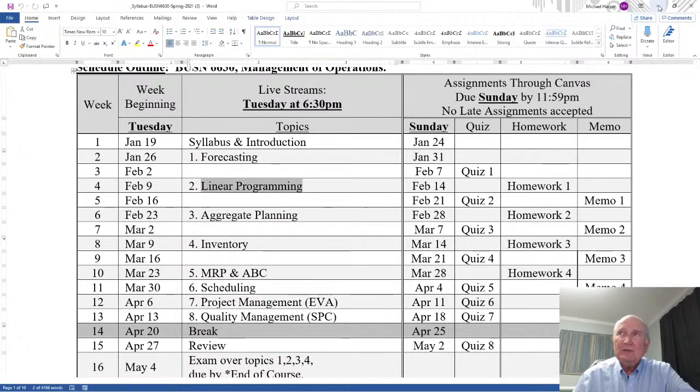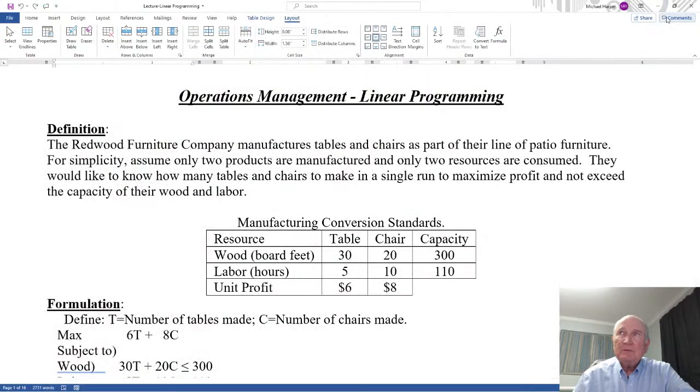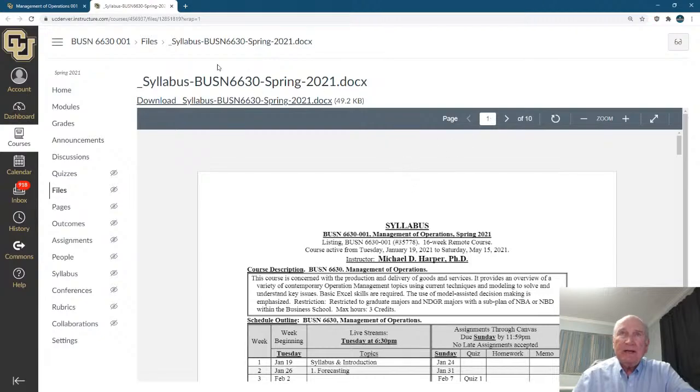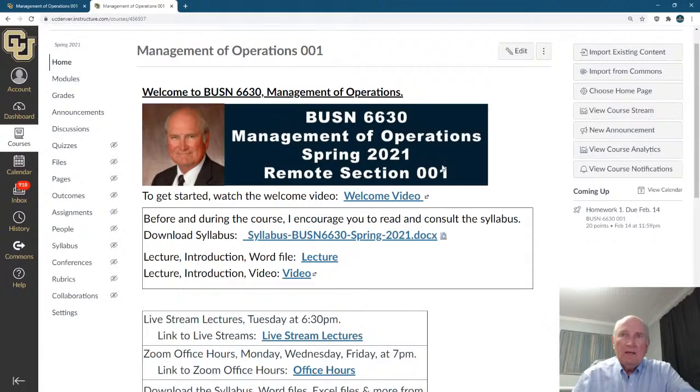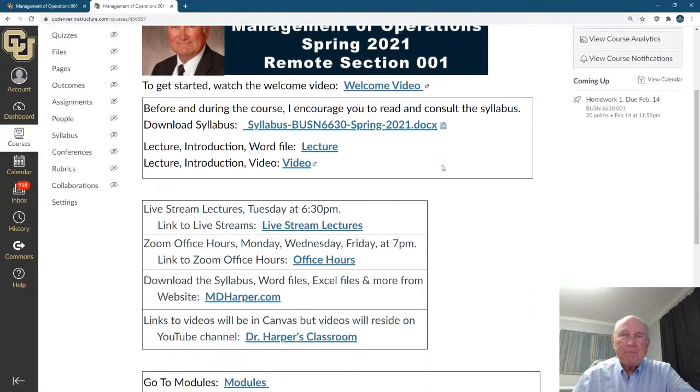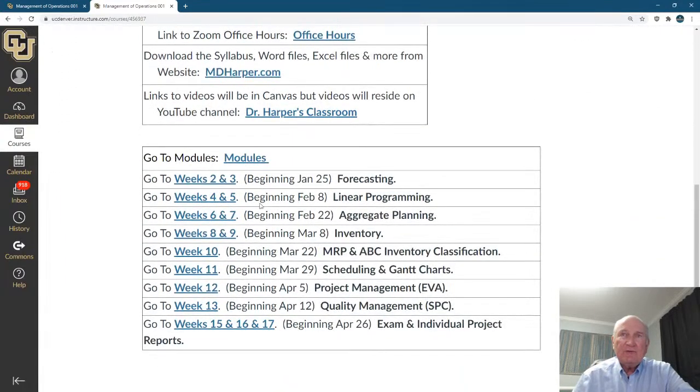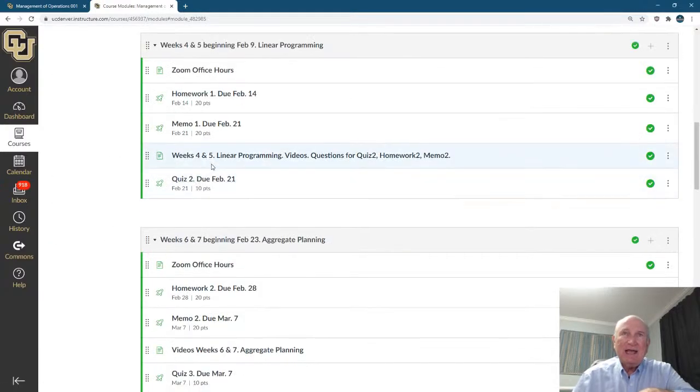Okay, so I see people are beginning to queue up here, and so linear programming, then let's go back to Canvas, to the home page. Okay, so down here in weeks 4 and 5, linear programming, we open up the weeks. And so today, and also I have the homework 1 and memo 1, but those are to submit the material. Quiz 2 is to submit the material.